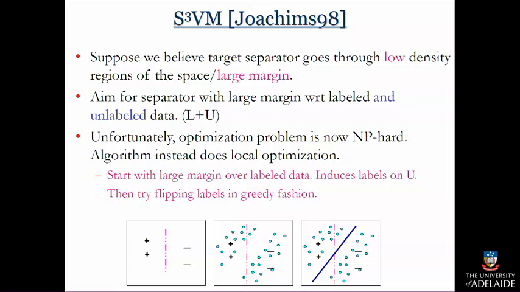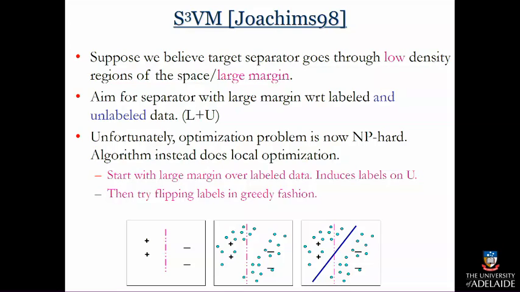I imagine the clustering method isn't NP-hard though, is it? Clustering method, in Gaussian mixture model, it is NP-hard. It is NP-hard in the sense that you can only find the local optimum in Gaussian mixture model. Right? You are not able to find a globally optimal solution.